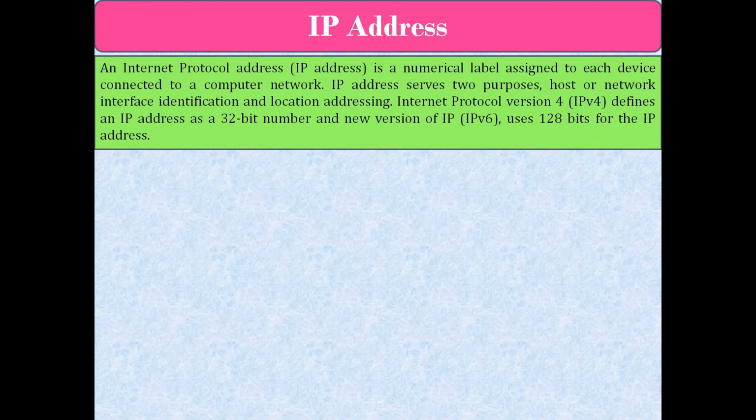So let's start our networking class part 3 about IP addresses. What is an IP address? See, Internet Protocol. An IP address is nothing but this: every system, every router, and every device has its own IP address in the network. It is one address defined for the two communicating systems.